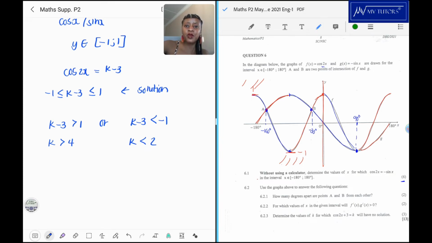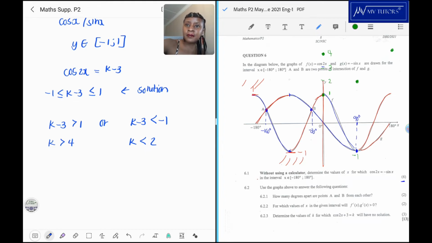If I move cos 2x 3 units up, this was 1, so it'll be 4, because I added 3 to 1. Here I had negative 1, so if I add 3, I'm going to be at 2. So those are my values at 4, at 2, and then I'm back at 4.